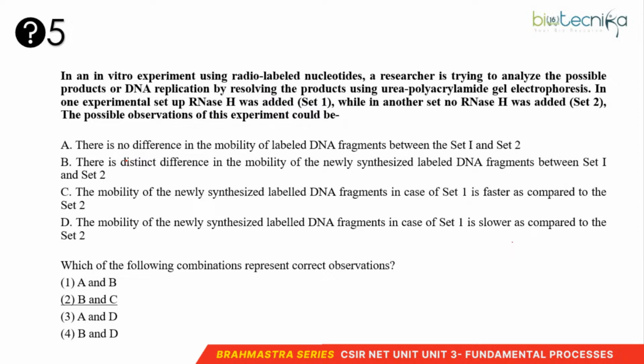So they are saying that there is no difference in the mobility of labeled DNA fragments between set 1 and set 2. No, there will be a difference. Why is it so? Because in one case there is RNase H added, in the other there is no RNase H added. Now just think, what is the function of RNase H? RNase H being a nuclease, it is going to remove the primer sequences.